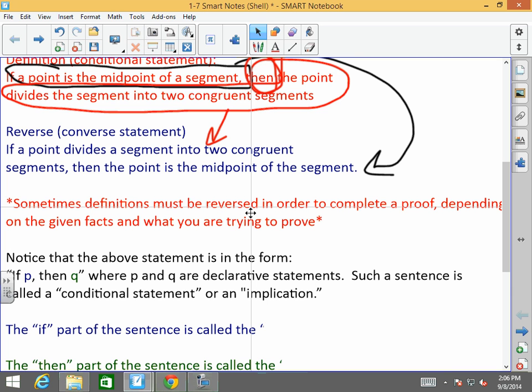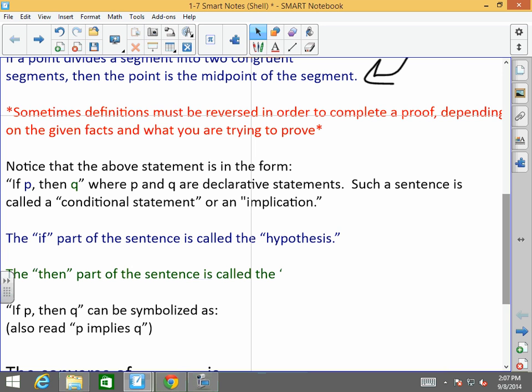If P, then Q. The if part is called the hypothesis. The then part is called the conclusion. Okay? The if part, that's before the then, that's called the hypothesis.